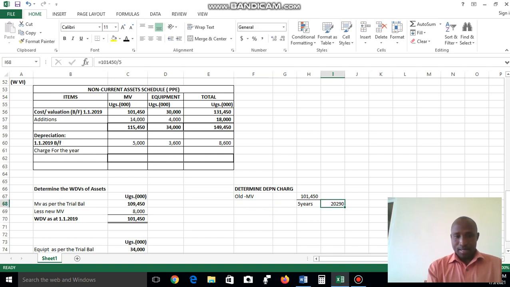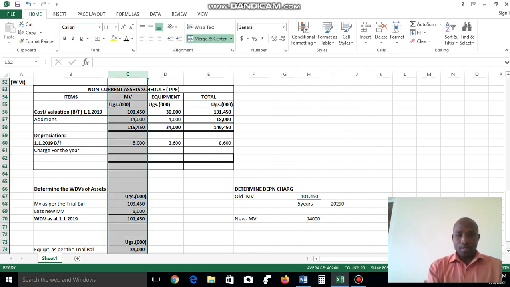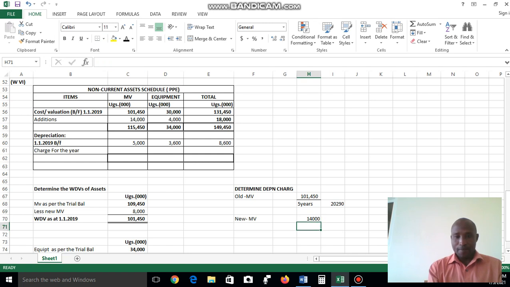Then we want to determine the depreciation for the new motor vehicle, whereby for the newly acquired additions we shall get 14, which is the additions, divided by 5 also.